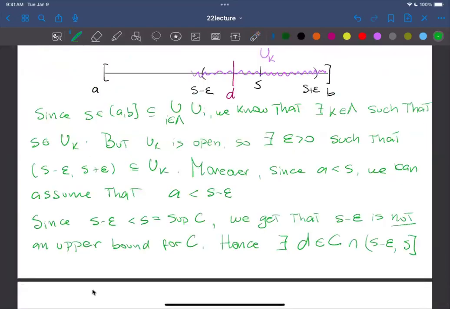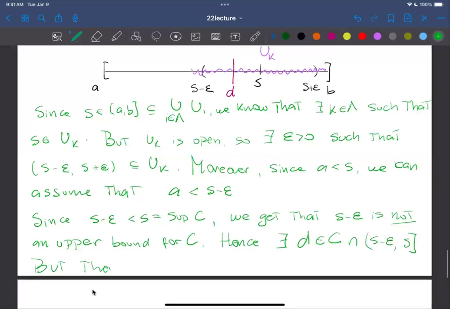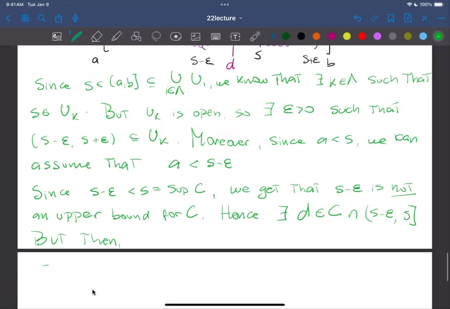So what's the crucial part now? My interval from A to S, remember I want to show this admits a finite subcover, and it will because of the following. Let's take first A to D. Since D lives in C, by definition, we know that [A, D] admits a finite subcover.